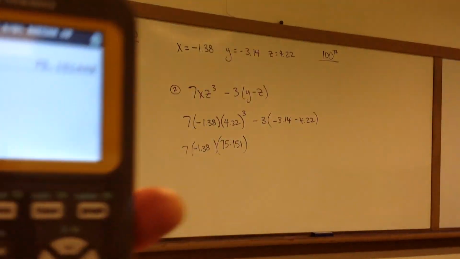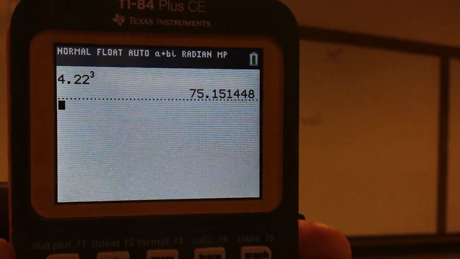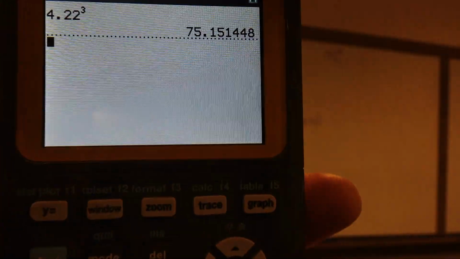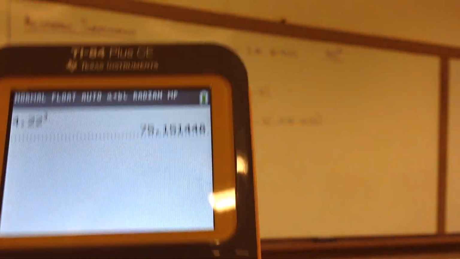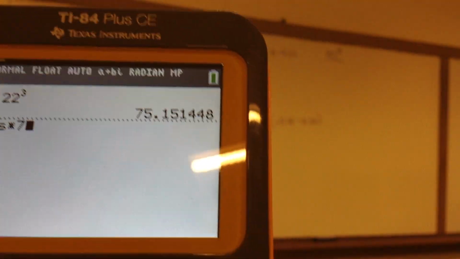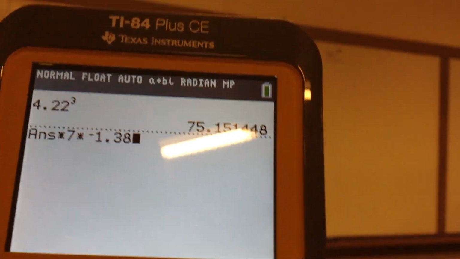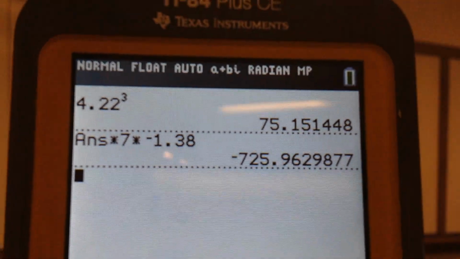I've got the full number on the calculator, and there's no reason to erase it and replace it with a less accurate number. So I can just go times 7 times negative 1.38. That way I won't really lose any accuracy, but I don't have to write down those big numbers.